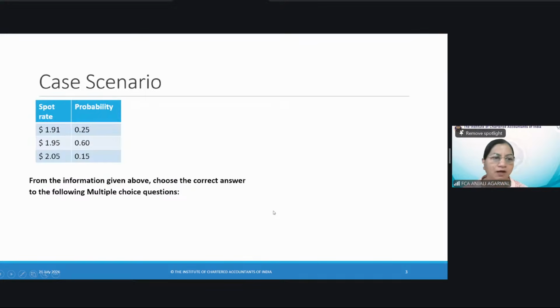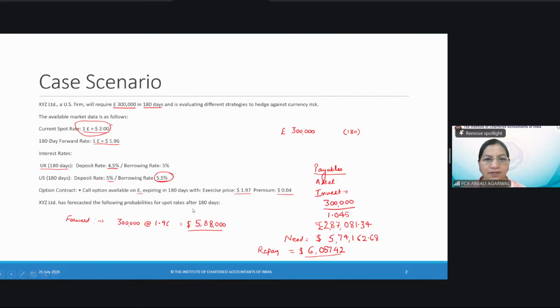So if you use the option, firstly, we have to see whether the option is exercisable or not. Call options are exercisable when the spot price is more than the exercise price. Our exercise price is $1.97. It gives us the option to buy at 1.97.